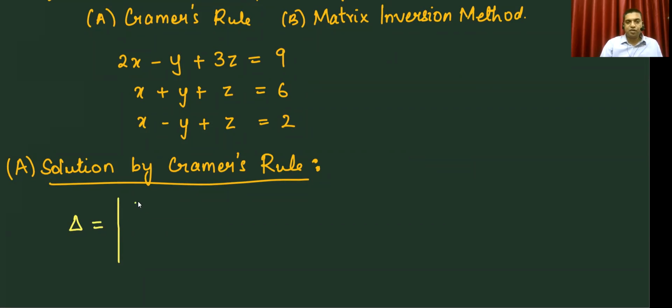Tell me the coefficients of x, y, and z. All right, I want you to solve and find the value for this. 2 minus 1, 3, 1, 1, 1, 1 minus 1, 1. Tell me the value of the determinant.